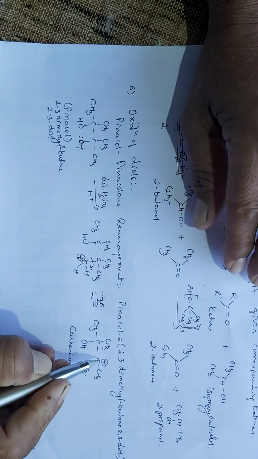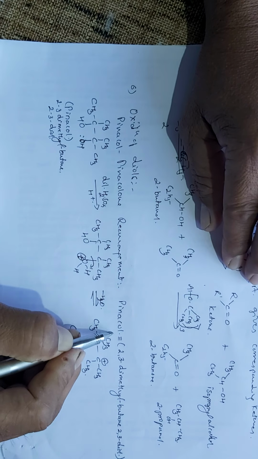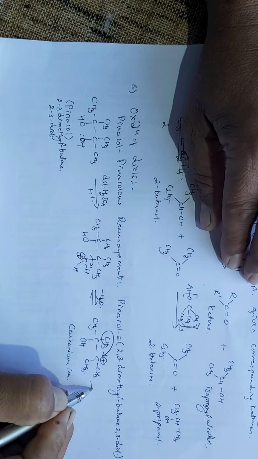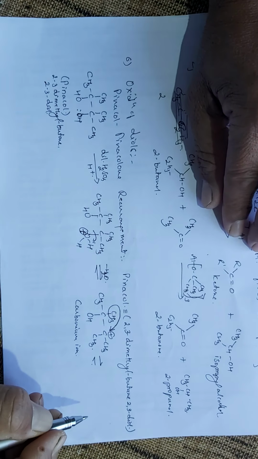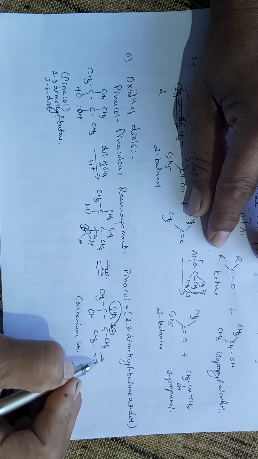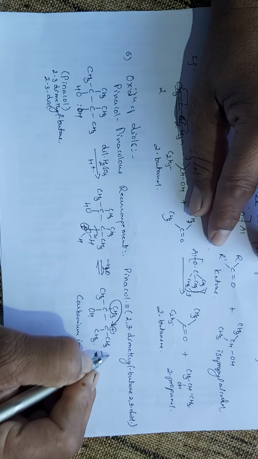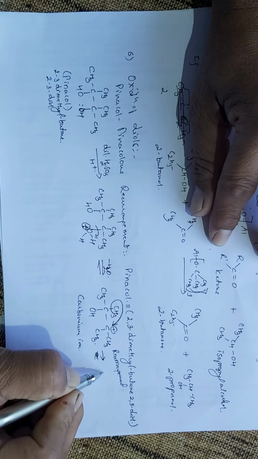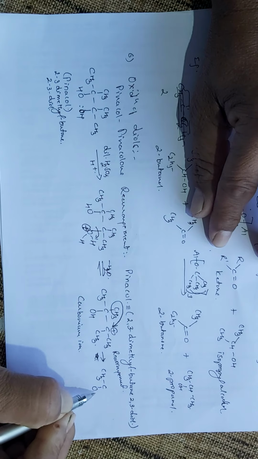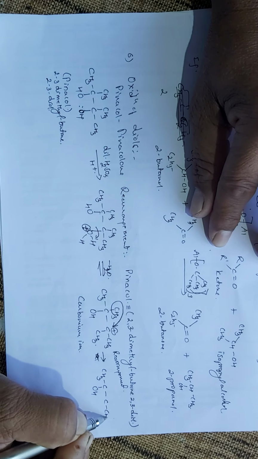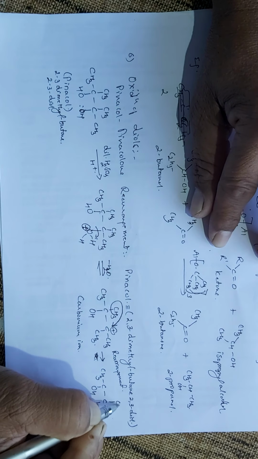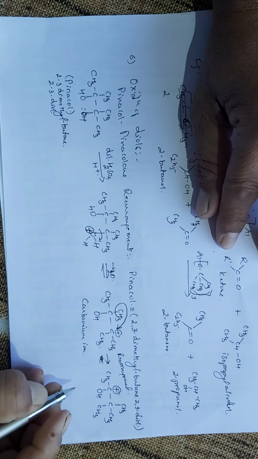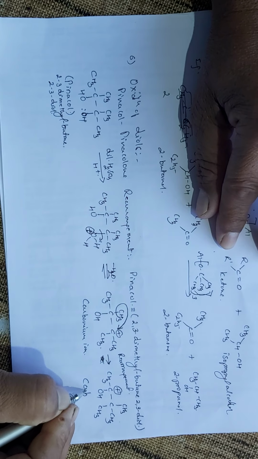Here the migration of the CH3 group takes place from this carbon to the carbonium ion, and it undergoes rearrangement, meaning it is rearranged from one species to another species, and the positive charge is shifted from one carbon to the other.